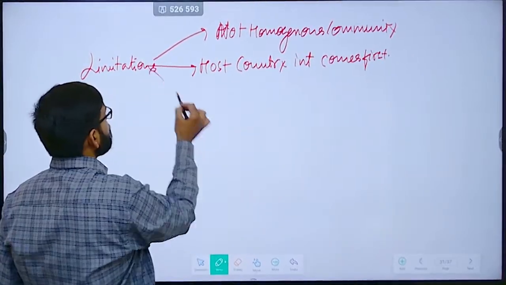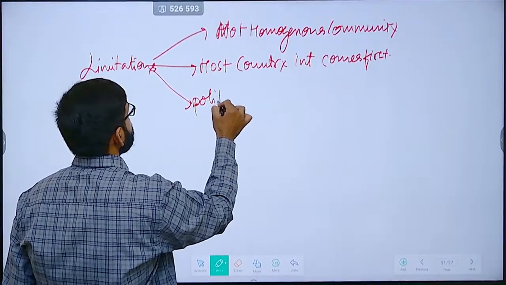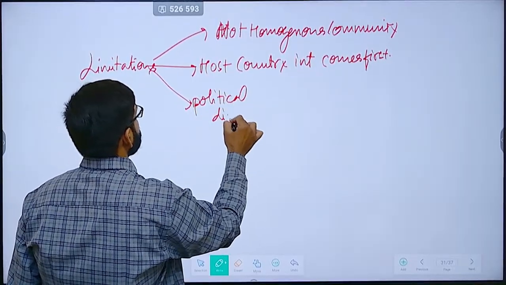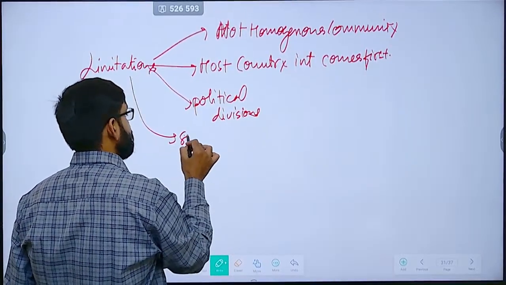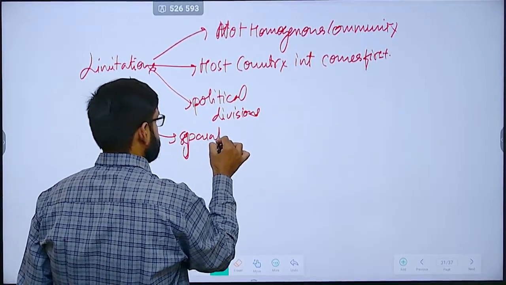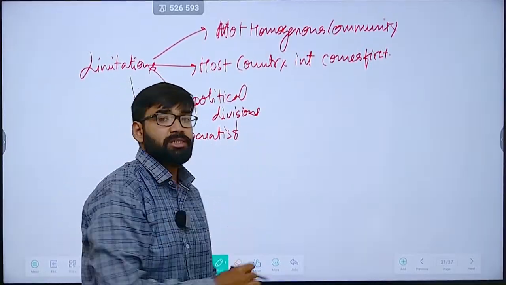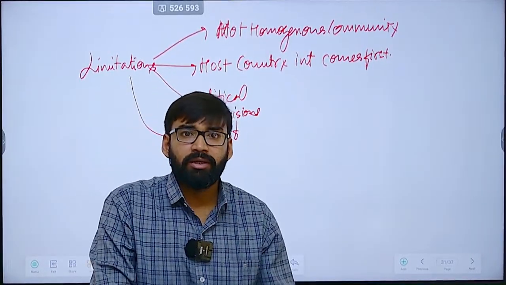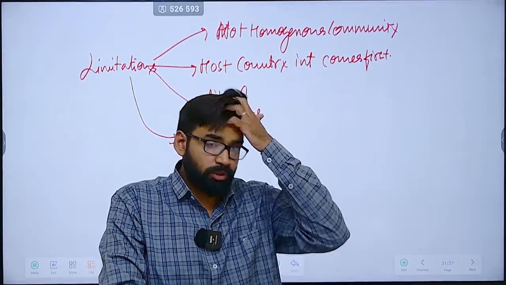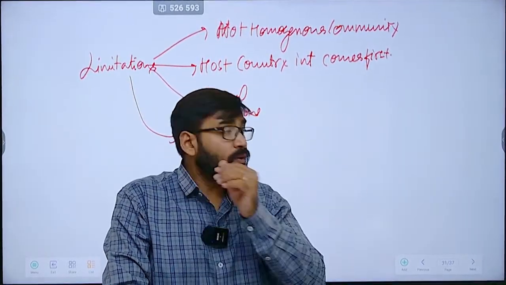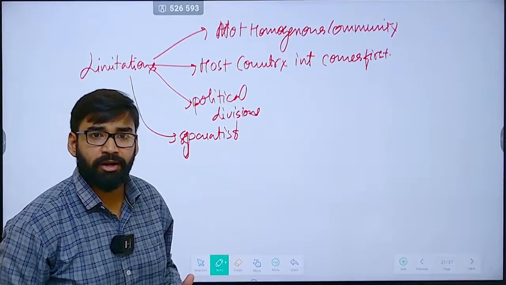Then you can mention about the political division. Political division, also there. Separatist tendencies, like in Canada. Clear? These things you can mention. Brain drain. Clear? Khalistani support. These things are there. Now, what should be the way forward for this kind of question?